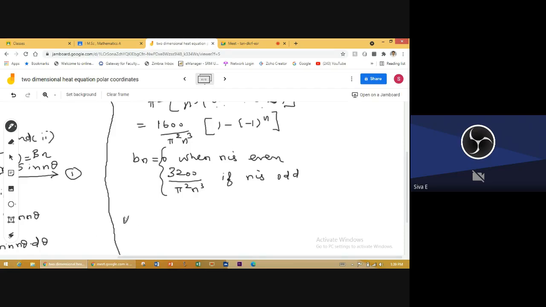So u of r comma theta equal to 3200 by pi square, summation of n equal to odd value, 1 by n cube.